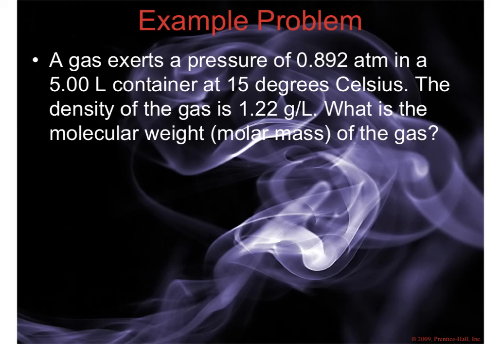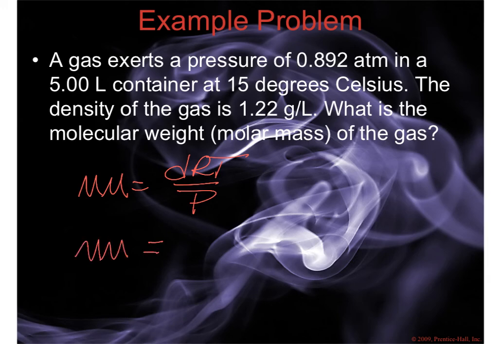Here's a sample problem to find the molar mass. So let's write our formula first. Mangy mutts put dirt over their pee. Okay, and then let's plug in what we know. We know the density, so plug in that.